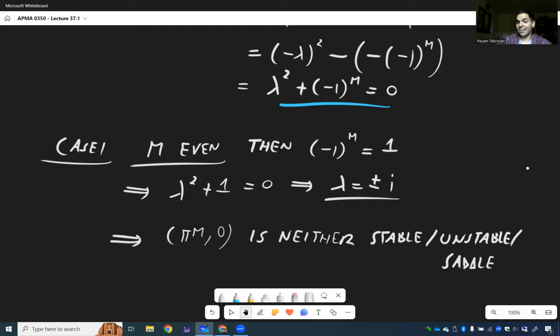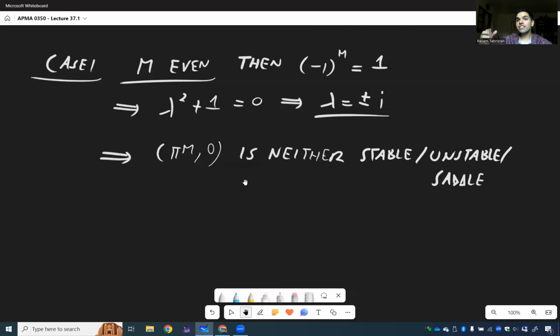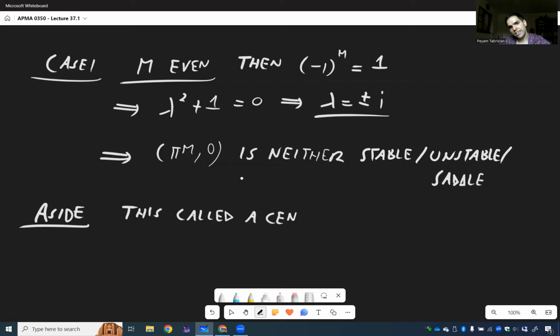Just as an aside, we will see why that's so cool. Technically, if it's purely imaginary, we call it a center. Again, don't worry about this. This is called a center, and that's because the solutions are circles or ellipses.